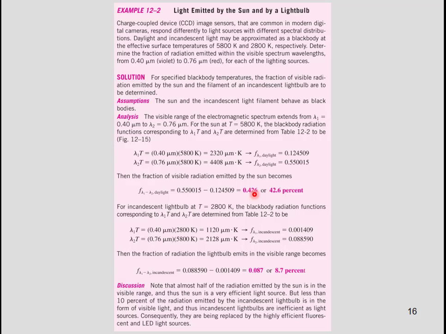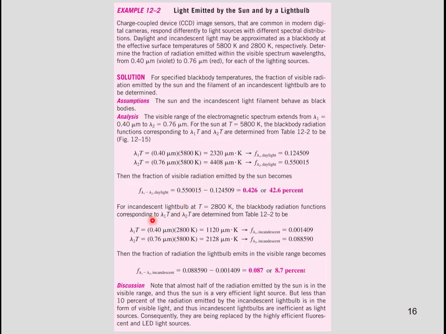So the fraction of the visible radiation emitted by the sun will be 42%. In other words, 42% of the sun radiation is in the visible range. Then we will calculate this with the same procedure.